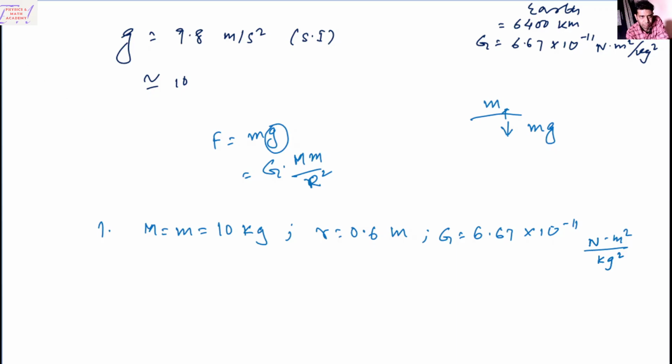If you put all the values together, you can easily get the value of F.